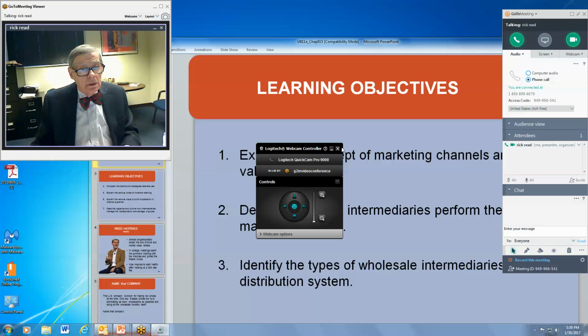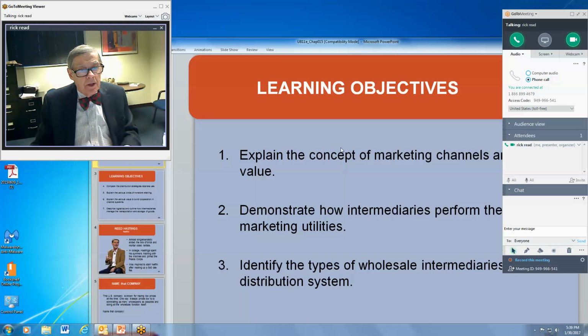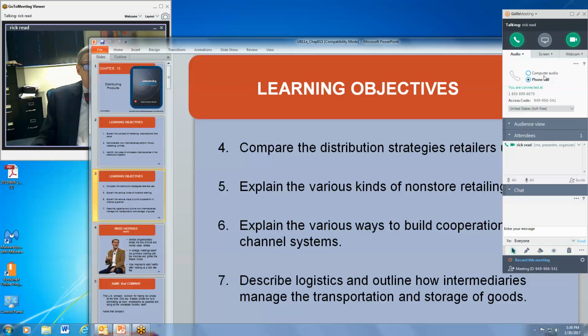We're going to explain the concept of marketing channels and their value, demonstrate how intermediaries perform the 6 marketing utilities, identify the types of wholesale intermediaries in the distribution system, compare the distribution strategies of retailers, explain the various kinds of non-store retailing, explain the various ways to build cooperation and channel systems, and then describe logistics and outline how intermediaries manage the transportation and storage of goods.